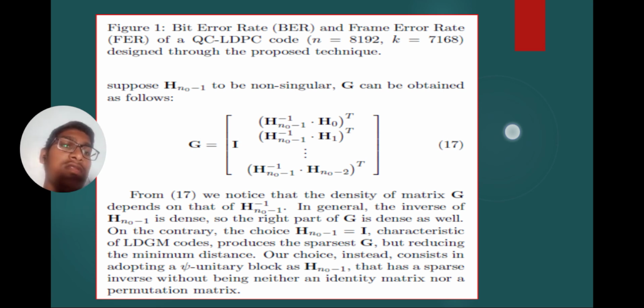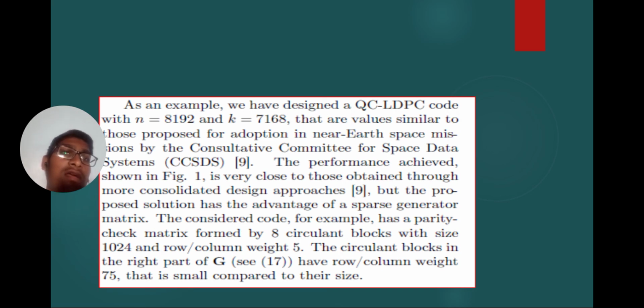Our choice instead consists in adopting a unitary block as H n naught minus 1 that has a sparse inverse without being either an identity matrix or a permutation matrix. Here is an example for this.